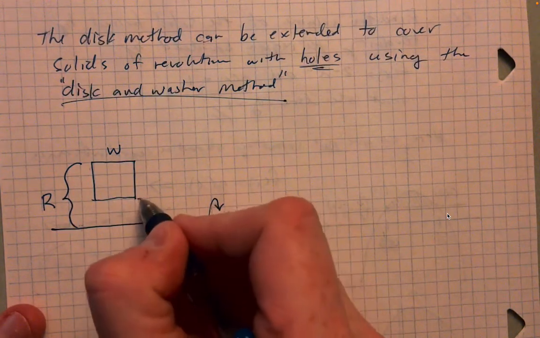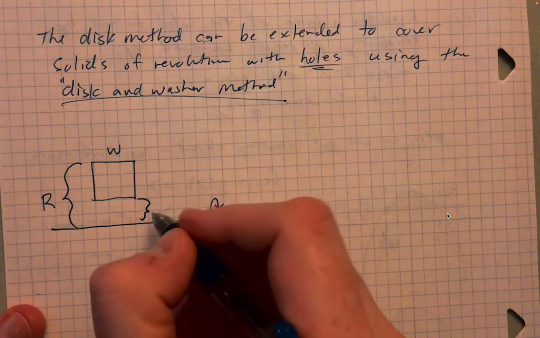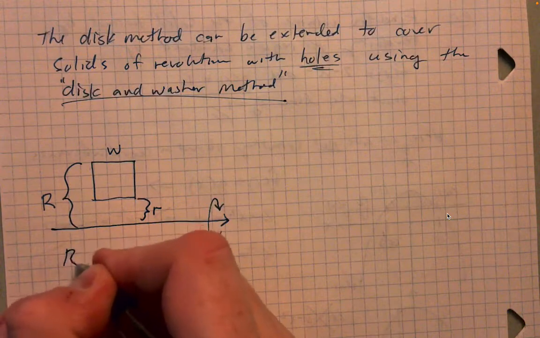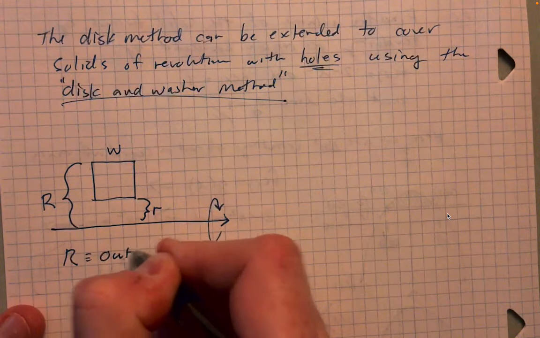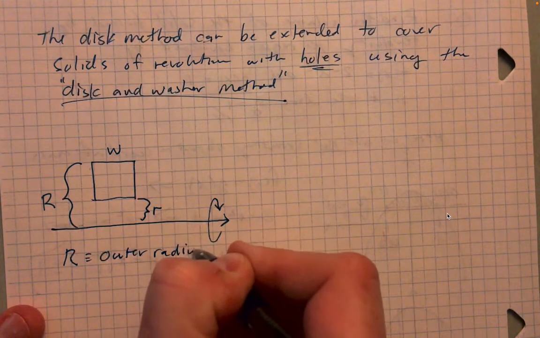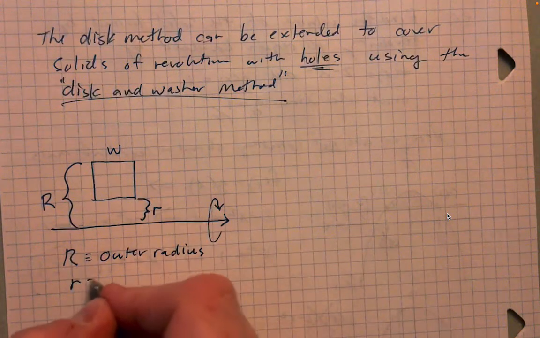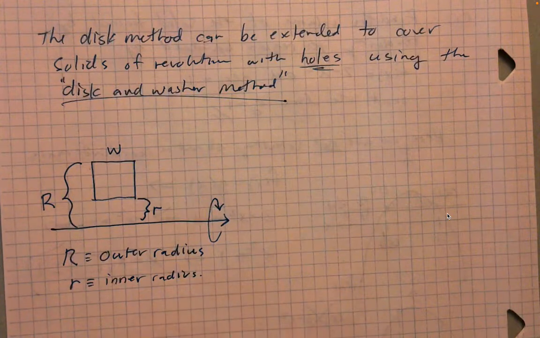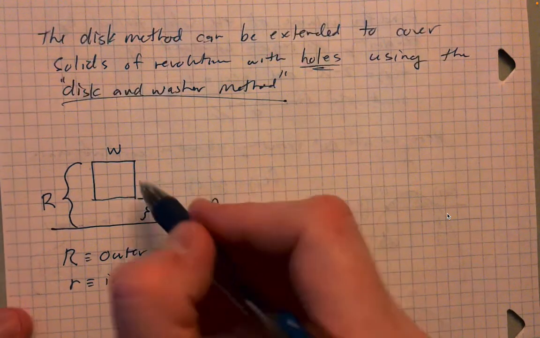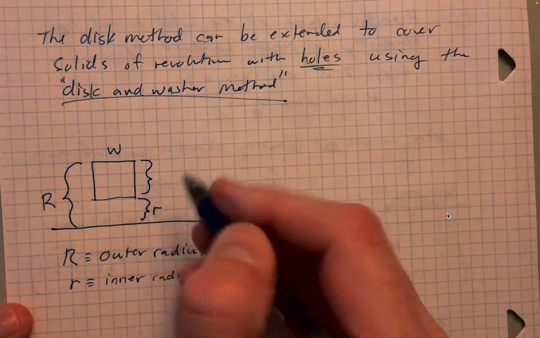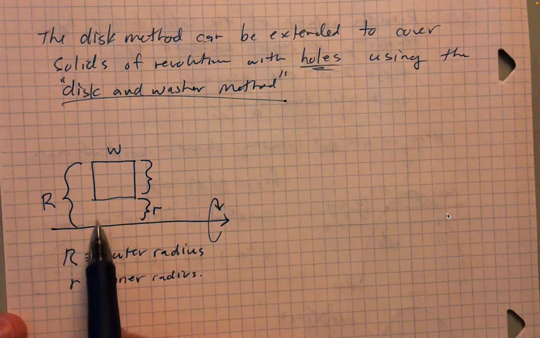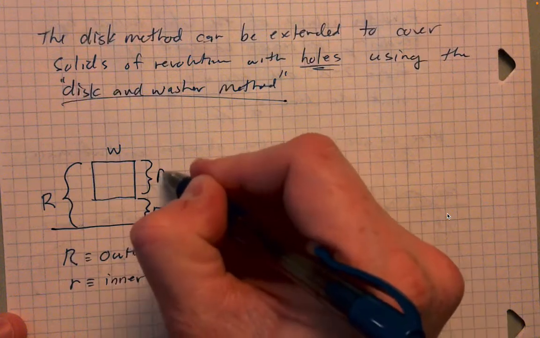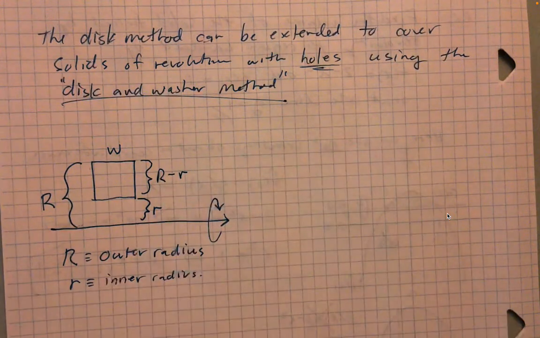And we'll call this little piece here the inner radius, and we'll denote it with a little r. So big R is the outer radius, and little r is the inner radius. Okay, and so then of course we know that this piece here would be equal to the distance from the x-axis all the way to the top minus the x-axis to the bottom. So this would be R minus r.